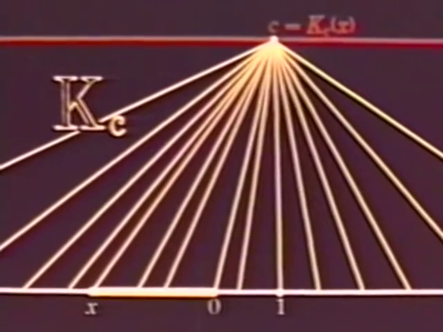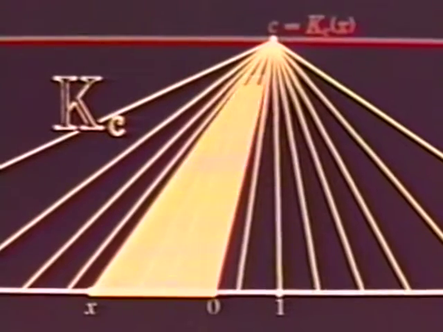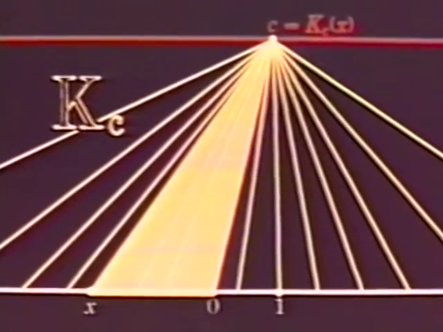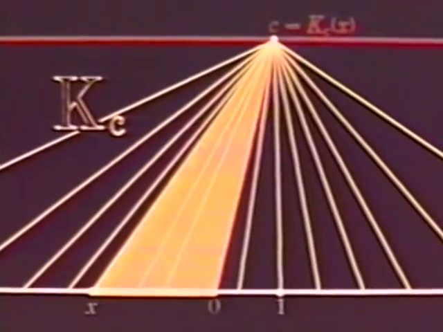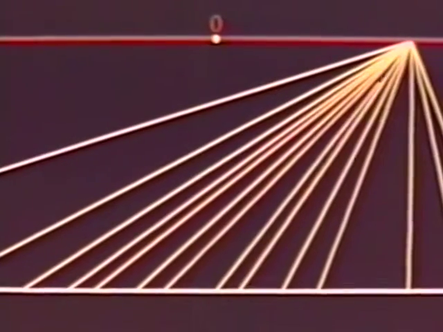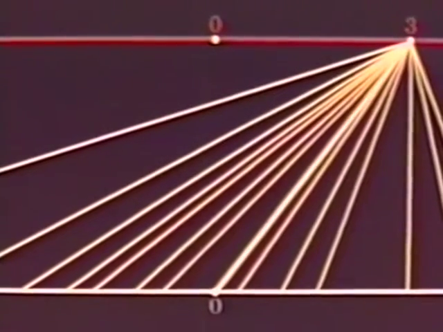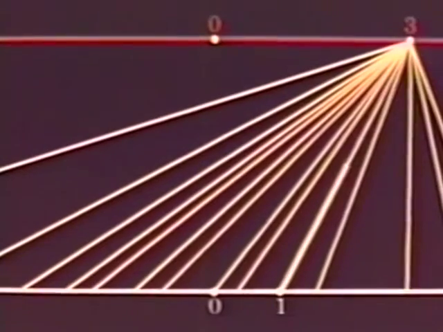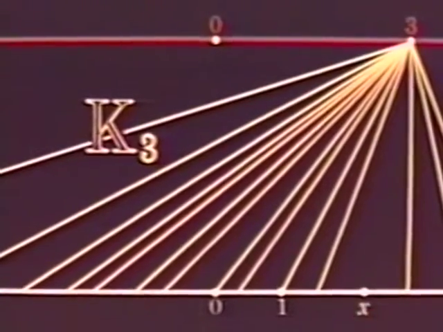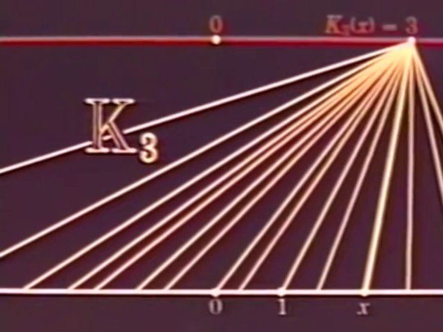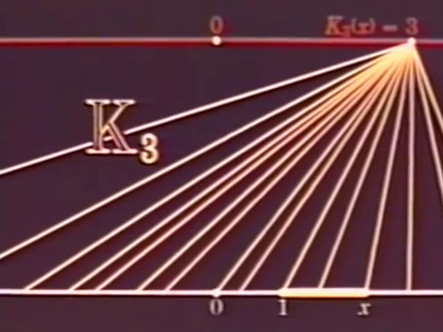Also, any interval on the domain shrinks to the single point, c, in the range space. For example, k sub 3 maps every number into the number 3.